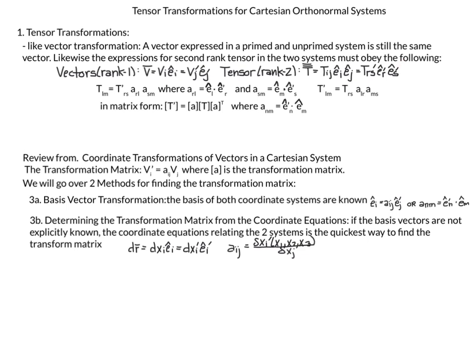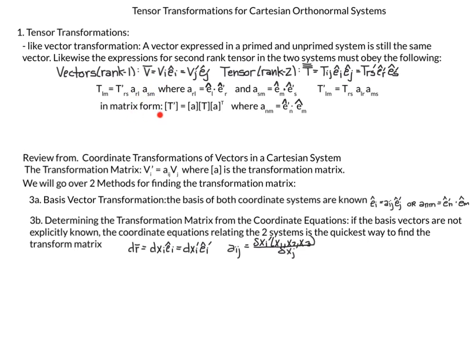And in fact, our transformation matrix, to go from an unprimed to a primed system, is the matrices A sub rl and A sub sm, where A sub rl, if you look at this, is the unprimed bases dotted with the primed bases, much like the A sub nm over here was for vectors. The difference is now we have this matrix twice.